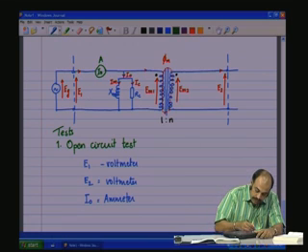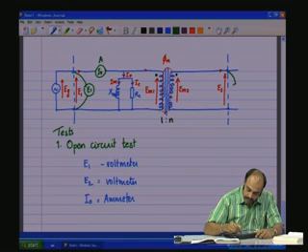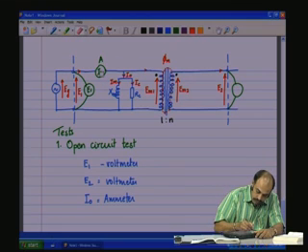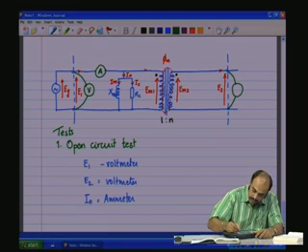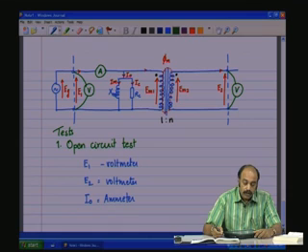Now, the voltage here is measured with a voltmeter. We also connect a voltmeter here to measure E2, or let me use the following symbols. An ammeter, a voltmeter and a voltmeter. Then we could do one more thing.